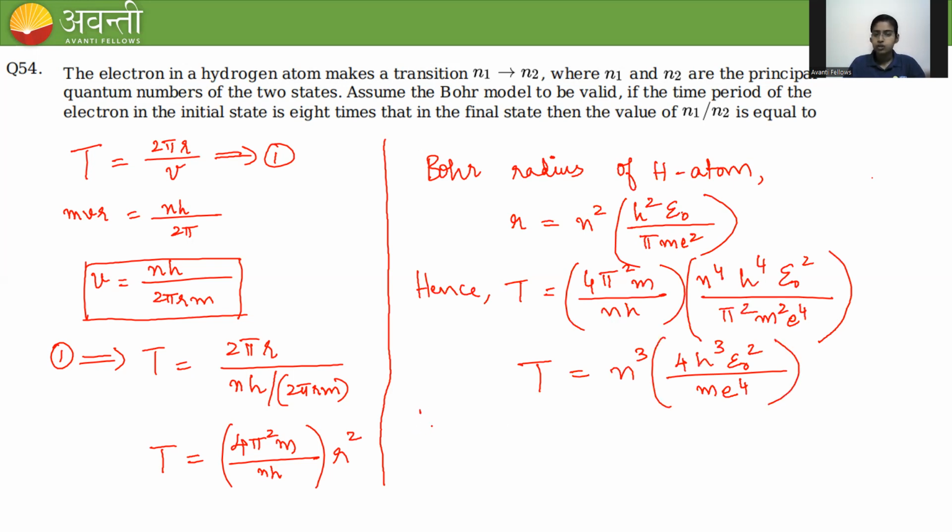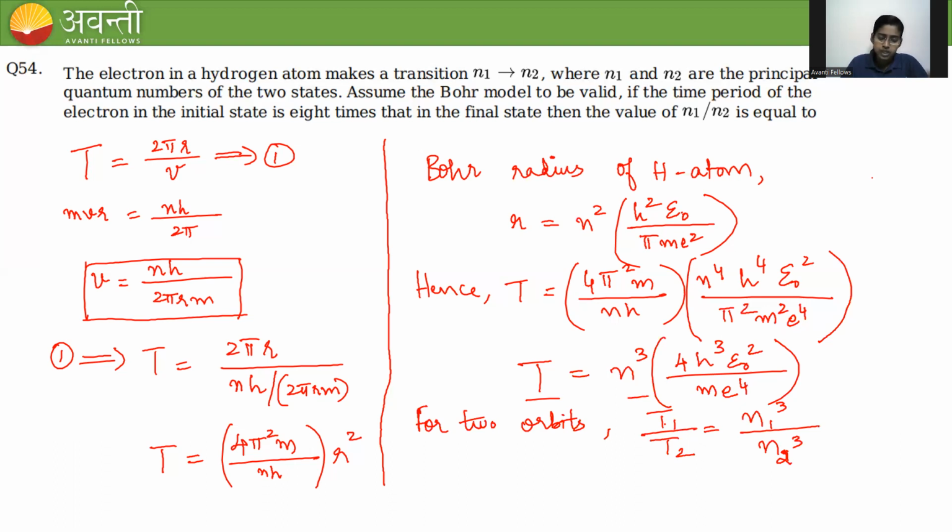Now we have two orbits, right? So for two orbits, T1 by T2 is equal to n1 cube by n2 cube. So this is the relation between time period and n.